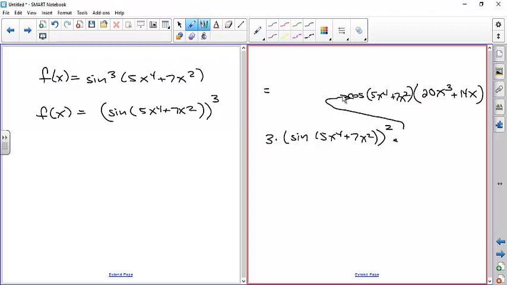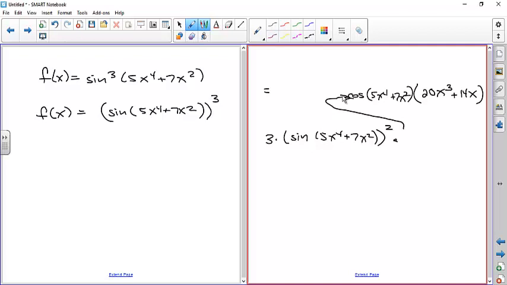Okay, so this is the way, if you get good at these things, you don't have to go through the whole u's and v's of things. You go to the most inside part of the composite function, you take the derivative of that. That's the last part. Then you go to the next inner part, which is the sine of something, so the derivative of the sine of something is the cosine of something.